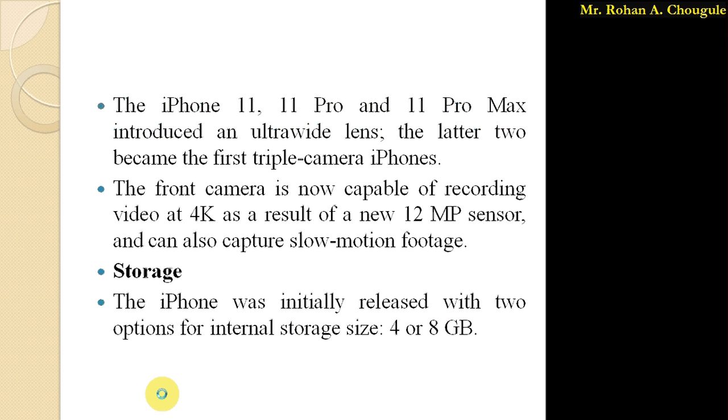Again the megapixels of the camera change. Recently they launched the iPhone 11 Pro and 11 Pro Max. They have ultra wide lenses, and these two phones are the first triple camera iPhones.